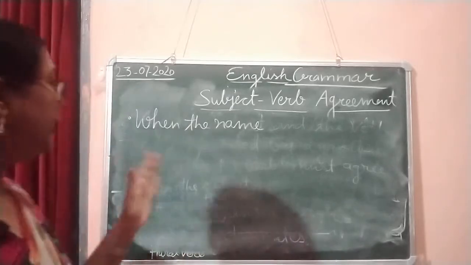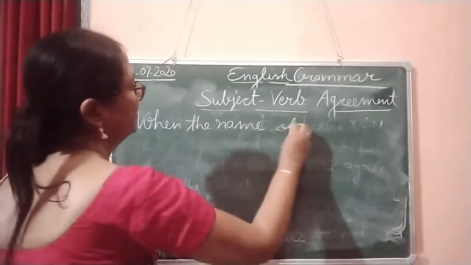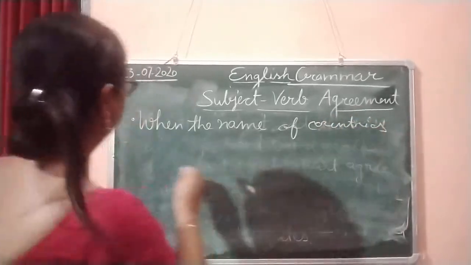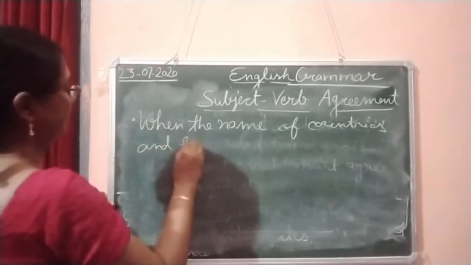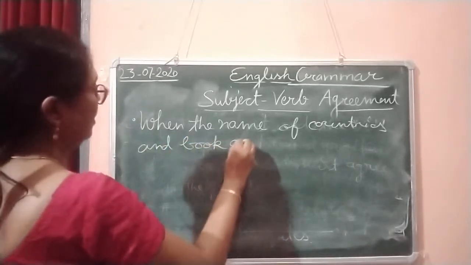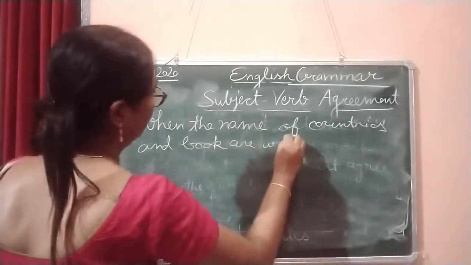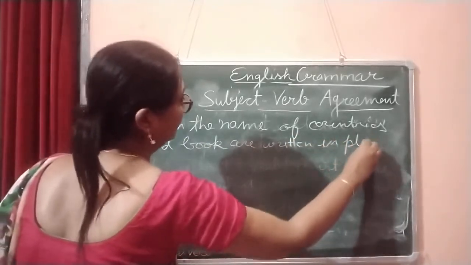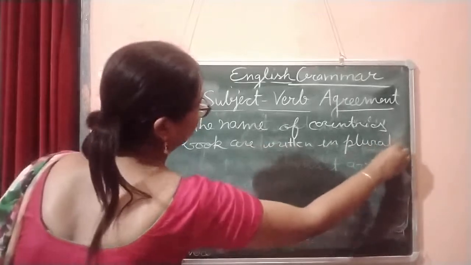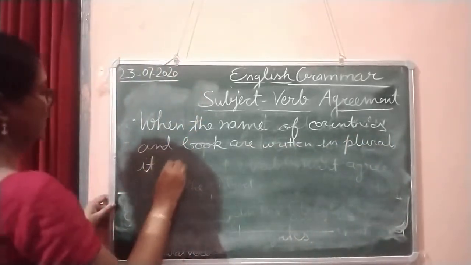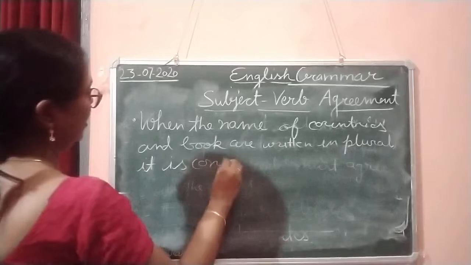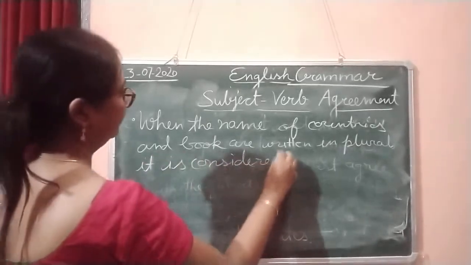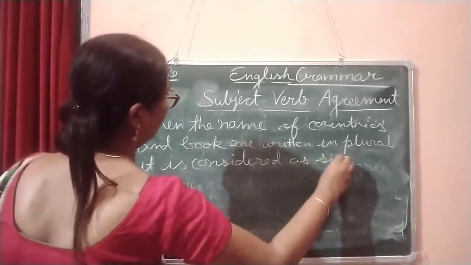So when the names of countries and books are written in plural form, it is considered as singular in the verb.